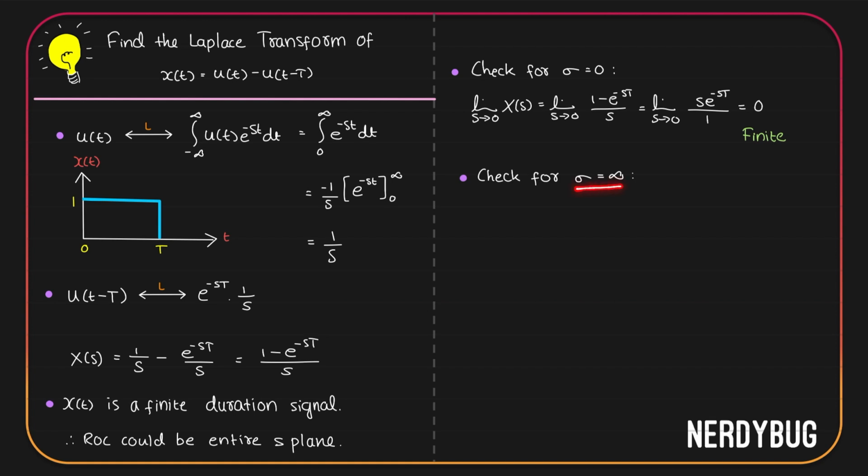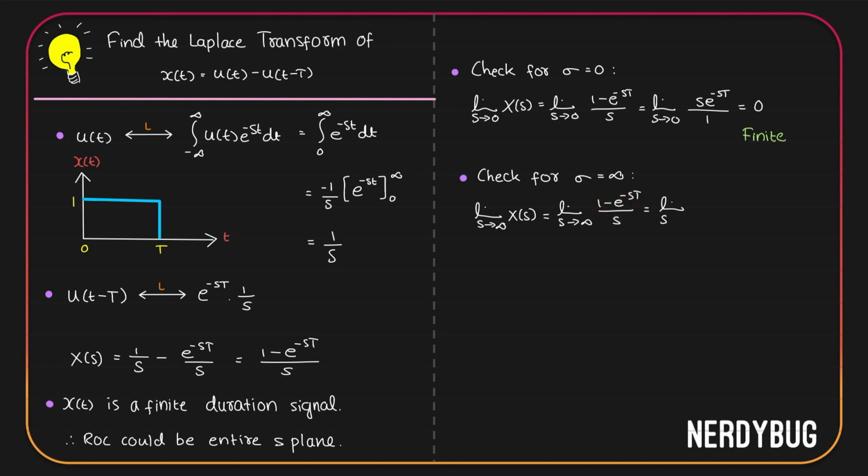Now let us check for sigma equals infinity. Limit s tends to infinity X(s) is limit s tends to infinity of (1 minus e raised to minus st) divided by s. If I give s equal to infinity, this becomes 1 minus e raised to minus infinity which is 0, divided by s.